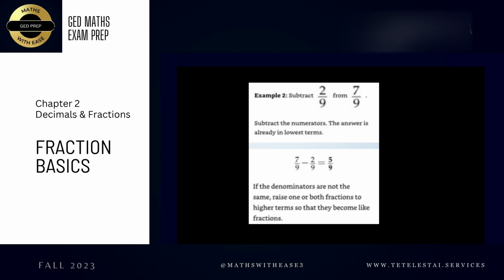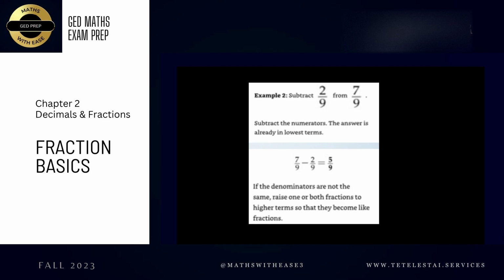So here's an example of subtracting like fractions. What you want to do here is just switch over so that you have the fraction with the larger numerator on your left-hand side, right?